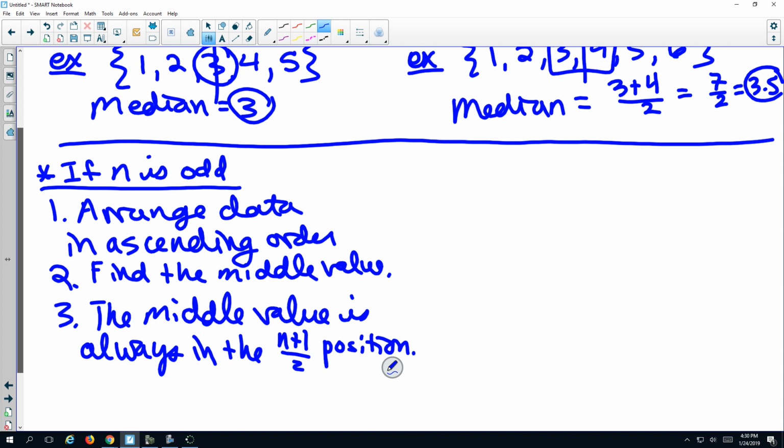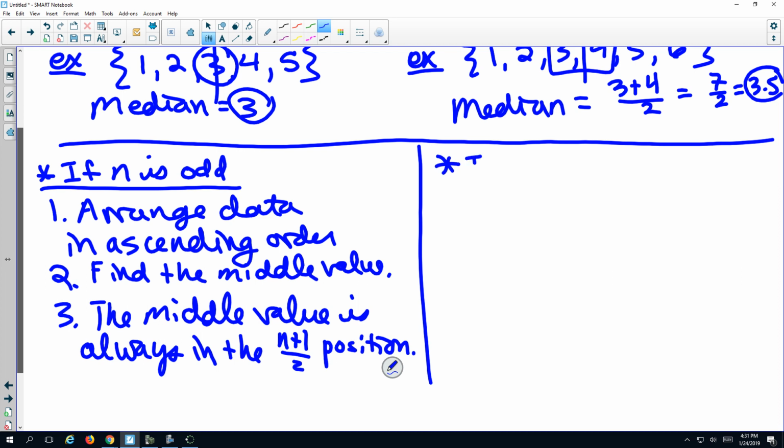And I wrote them all in order. Where is the median going to be? So add 1 to it. So what's 481 plus 1? 482. Divide it by 2. 241. So I would go to the 241st value when they're written in order, and whatever that number is, that's my median. This is a little trick to help you figure out where that is.